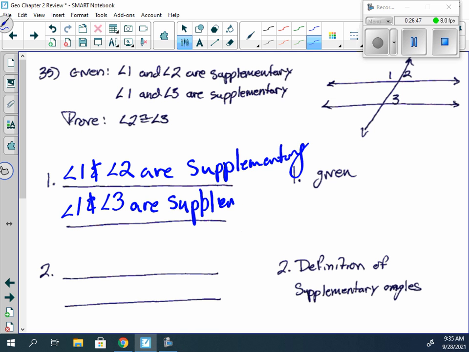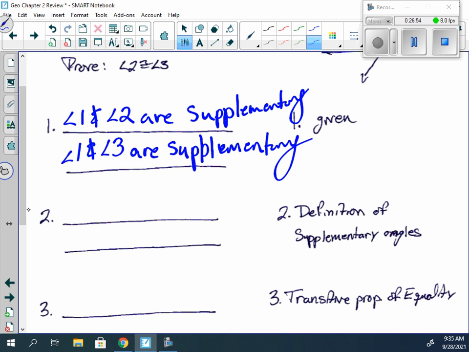I'm writing a lot bigger because I have to with the projector, but I think y'all have enough room to fit that in. You can use the abbreviation or the symbol for angle if you want. That works just fine.